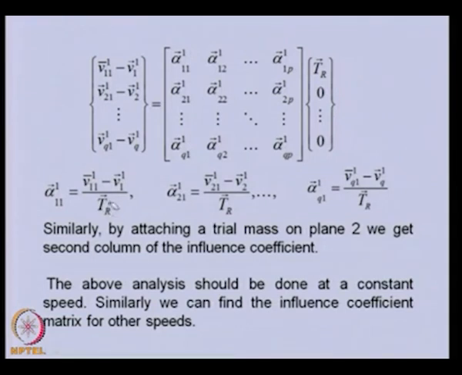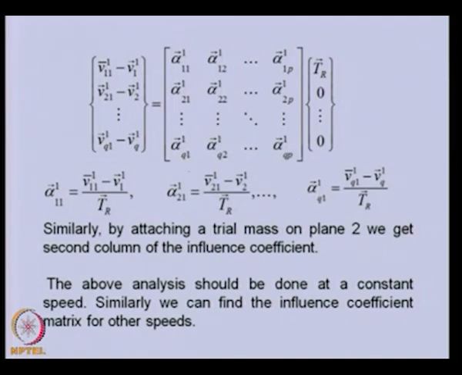Also, trial mass, we know the magnitude of that and at what orientation we have kept. So, this influence coefficient can be obtained from the first equation. Similarly, this influence coefficient can be obtained from the second equation. So, if we expand the second equation, most of the terms will get cancelled, only this will be remaining. So, we can get this influence coefficient. Now, similarly, we can obtain all the others up to this.